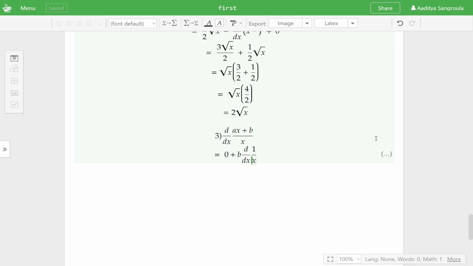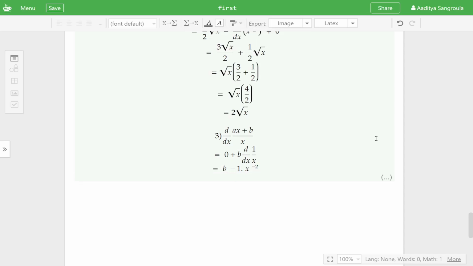Okay, we can do this. This is going to be b times the derivative of x raised to the power minus 1, right? Minus 1 times x raised to the power minus 1 minus 1, which is minus 2, if you get that.